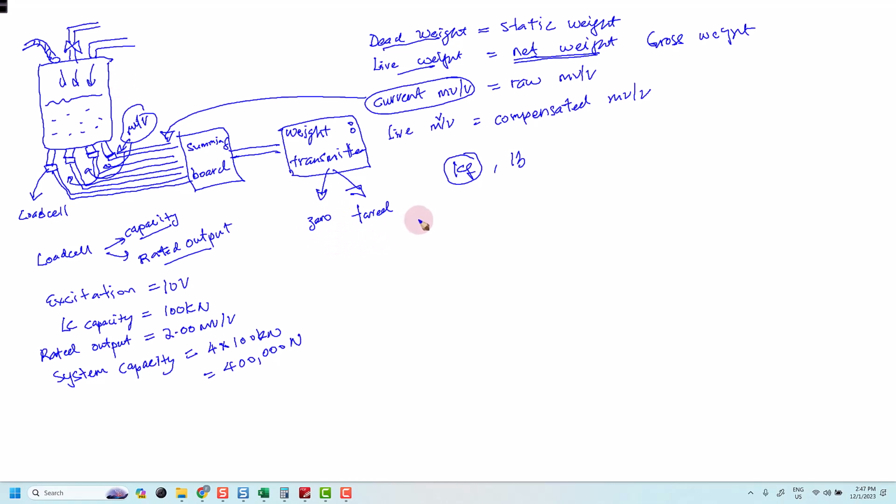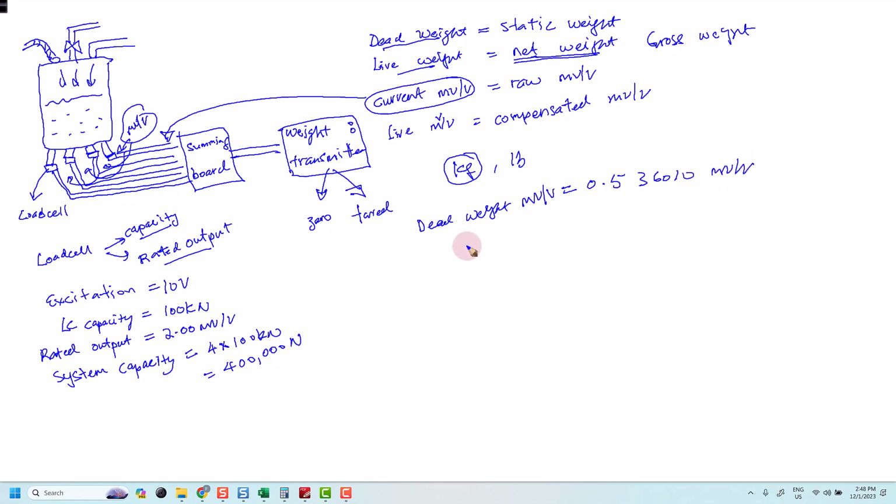Let's say the millivolt per volt generated by the transmitter when the tank is empty is 0.536010 millivolt per volt.